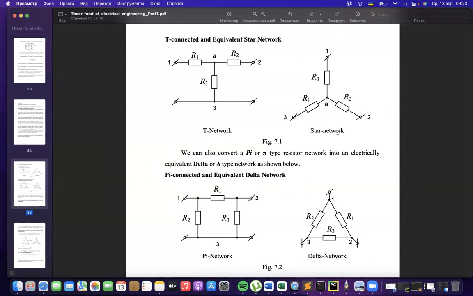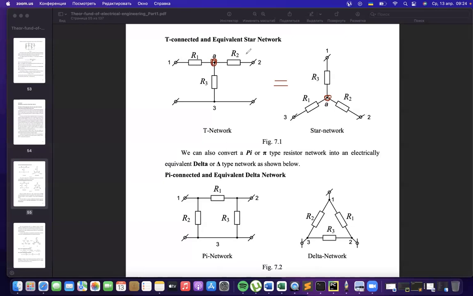For example, if we have such a type of connection that is called star, in this form or in this form, it is the same connection. It has a general point for 3 elements, and other points are just connecting to other parts of the system.